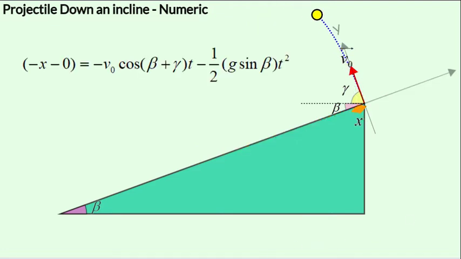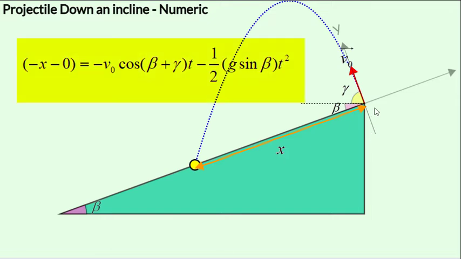Let's find the x displacement of the projectile first. And we do that by applying the second equation of motion along the x-axis. Be very careful with the signs here. The initial x displacement is 0. The final x displacement is minus x, minus since it is in the negative x direction.